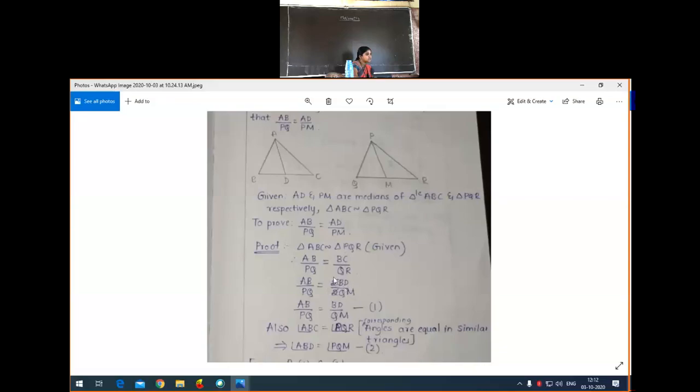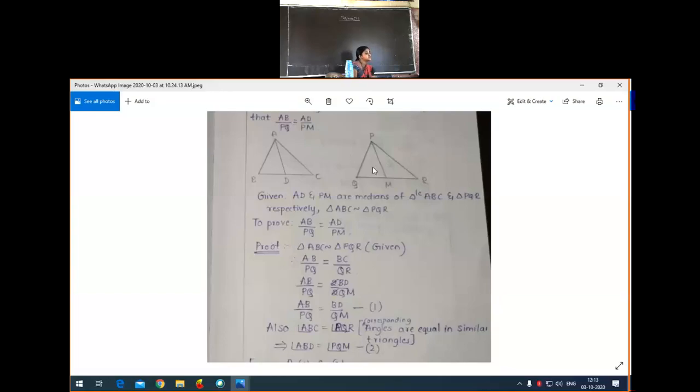Then we got the result that AB by PQ ratio is equal to BD by QM ratio. Next we all know that angle B is equal to angle Q. So this ratio, and this angle equal to this angle. By SAS property this triangle is similar to this triangle. Got the idea now? Then triangle ADB is similar to triangle PQM.